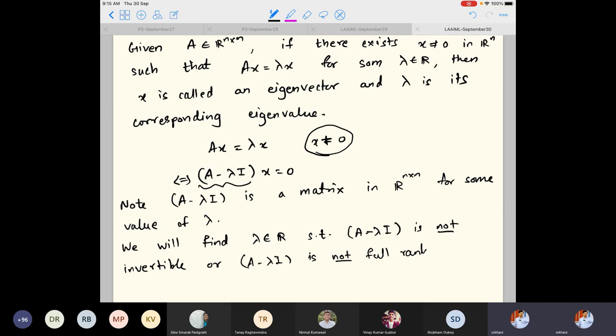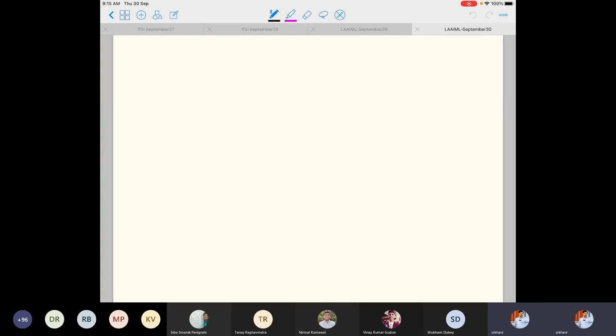They are the same, right? Because that will mean that for this lambda, there exists x not equal to 0 in the null space of A minus lambda I, right? That is what will happen. And then what does that mean?